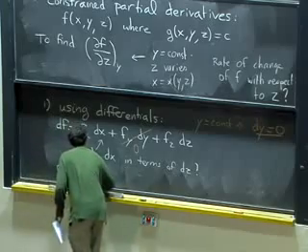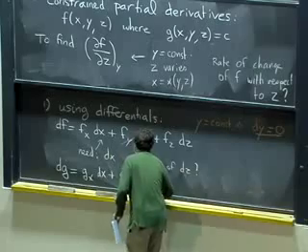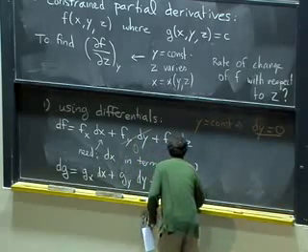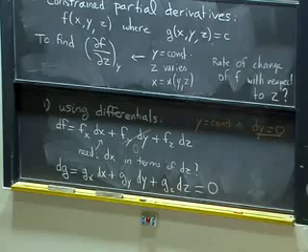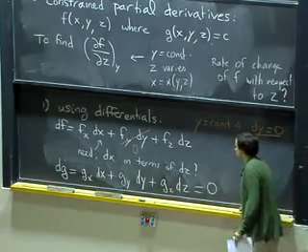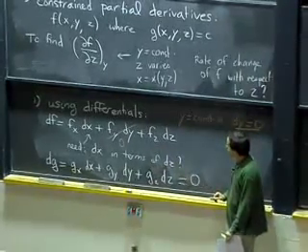Okay, so dg is g sub x dx plus g sub y dy plus g sub z dz, and that's 0 because we are setting g to always stay constant. So g doesn't change. If g doesn't change, then we have a relation between dx, dy, and dz.